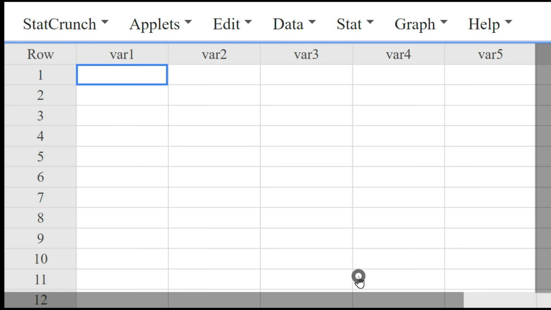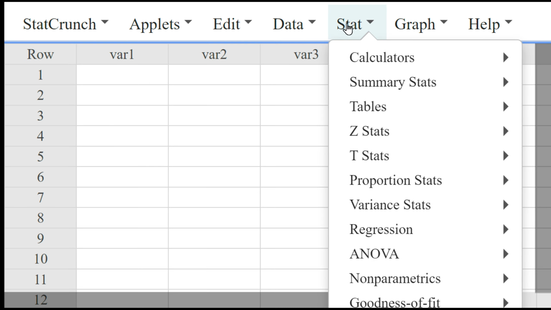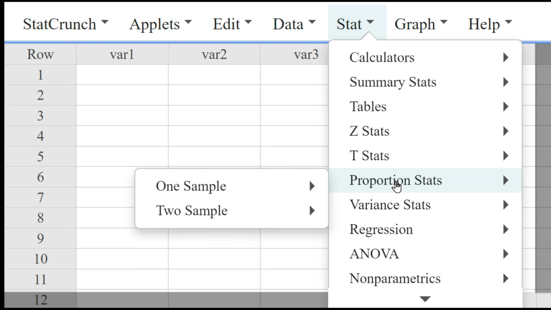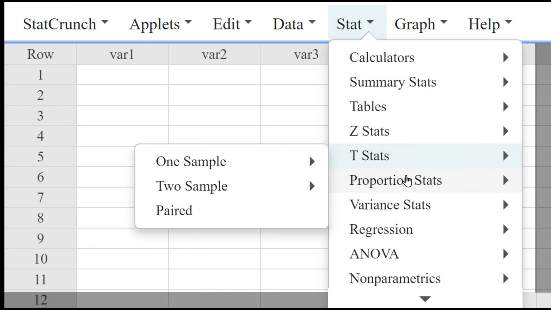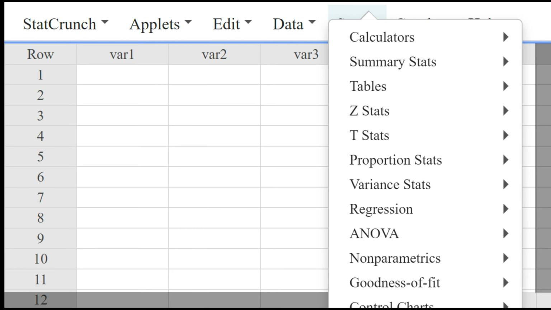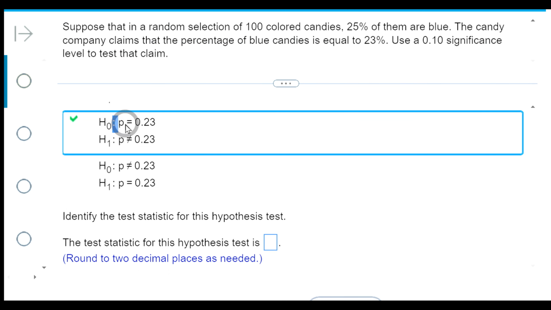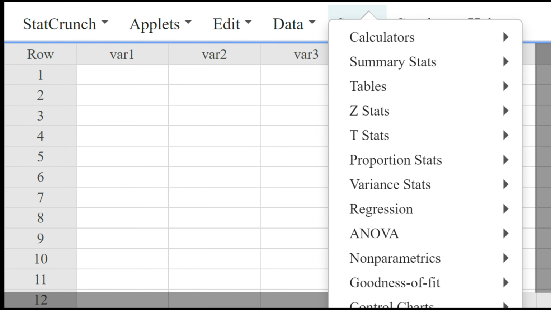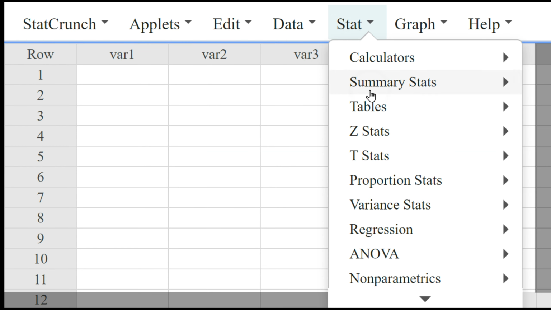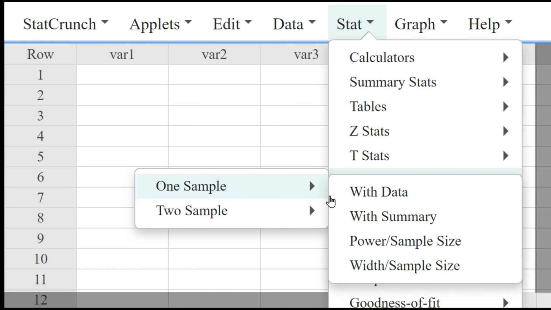Now, I'll go to Stat, Proportion Stats. How would I know it's proportion stats? Well, the answer choices all had a p. All of the hypothesis tests were about p. This is proportion stats. So I'll go to Stat, Proportion Stats, one sample with summary. I don't have the raw data, so I'll go to with summary.